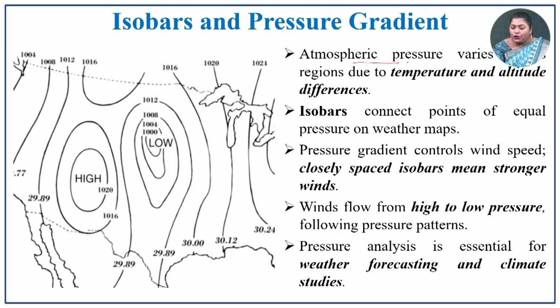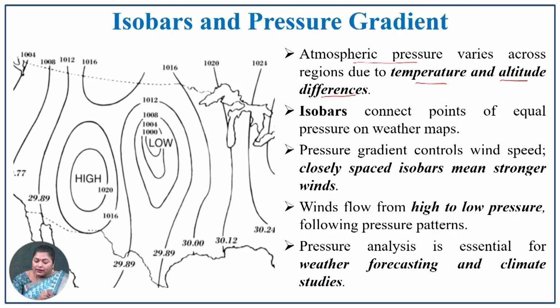So, what is meant by isobar and pressure gradient? Atmospheric pressure varies across regions due to temperature and altitude differences, so it varies from one latitude to another.